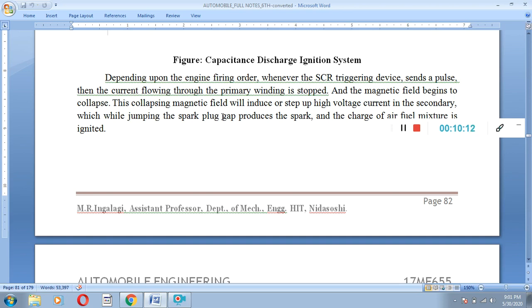This collapsing magnetic field will induce, or step up, high voltage current in the secondary, which, while jumping the spark plug gap, produces a spark and the air-fuel mixture charge is ignited.